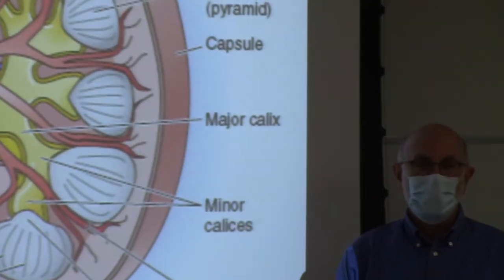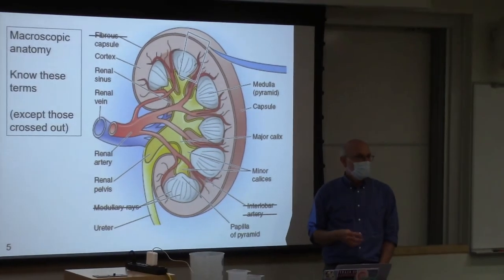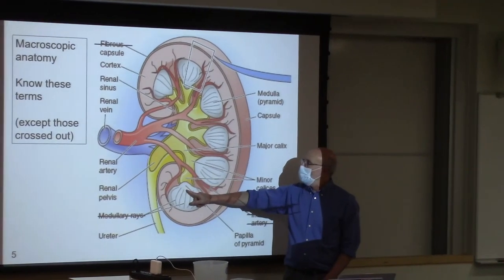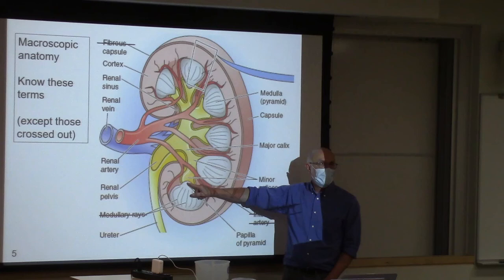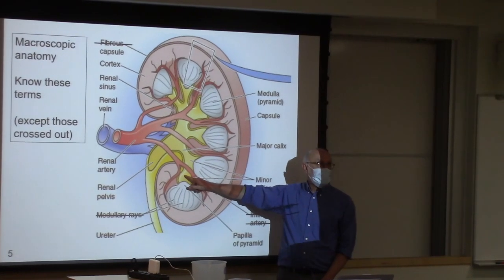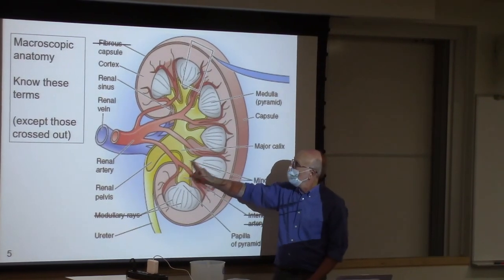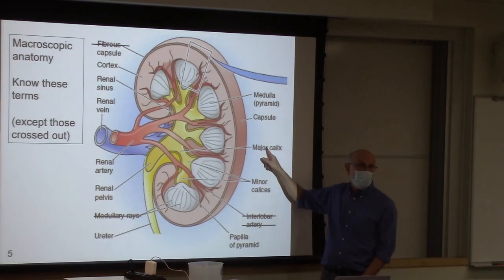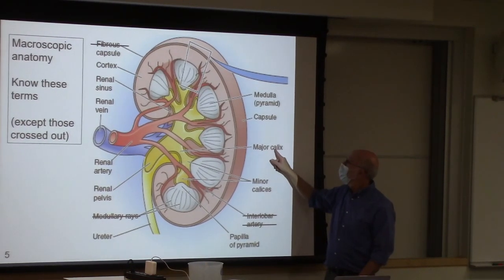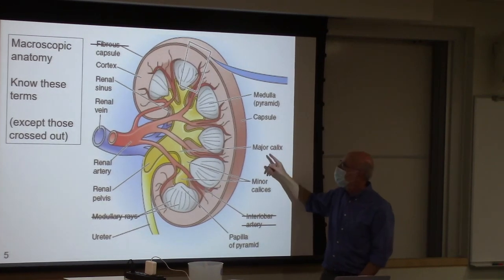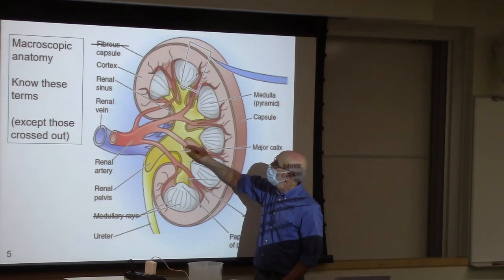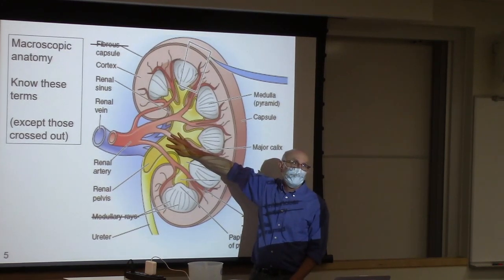I won't take points off if you give me the plural instead of the singular or vice versa. Pyramid, papilla, minor calyx. Two minor calyces connected to a major calyx, and all of these major calyces connected to the renal pelvis.